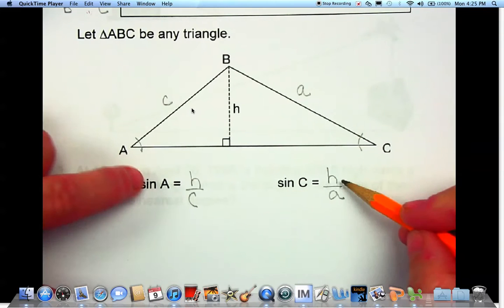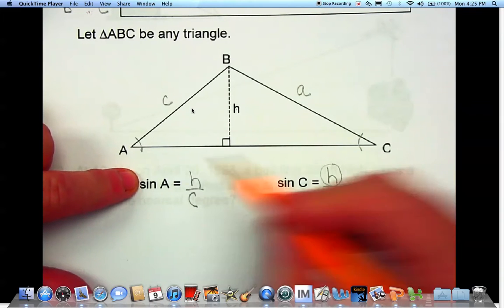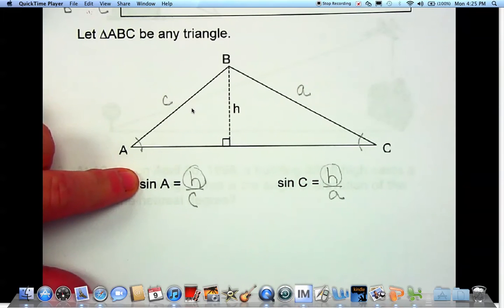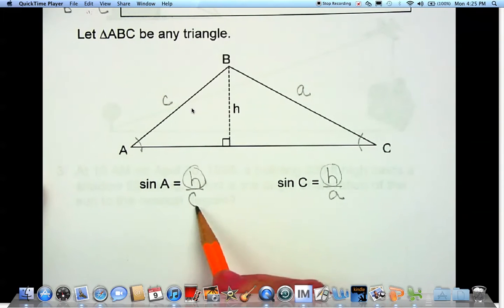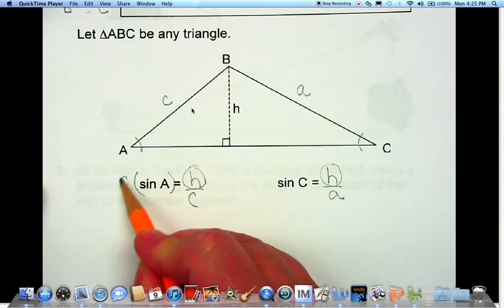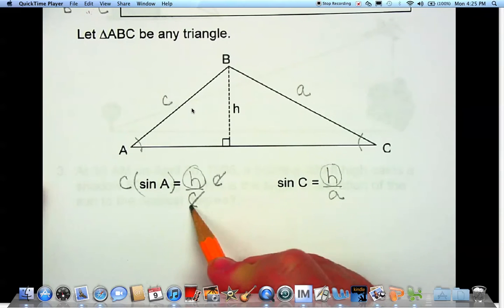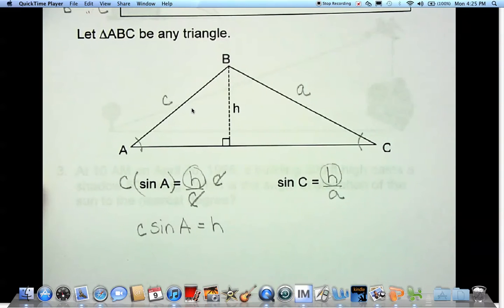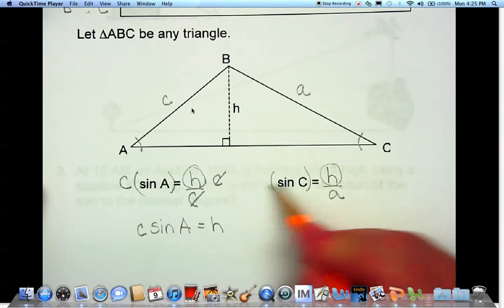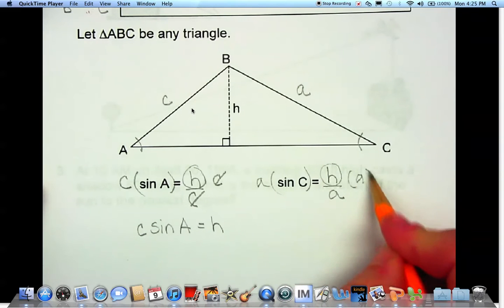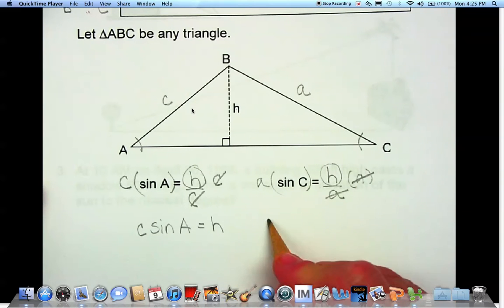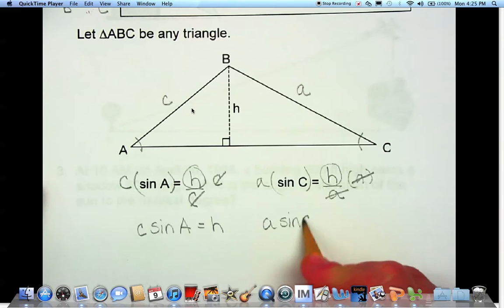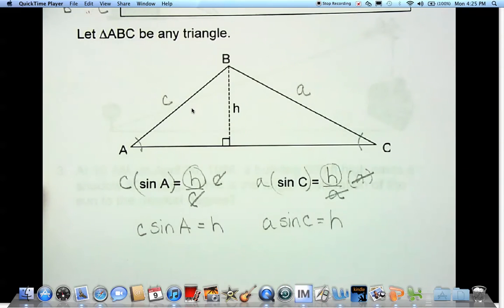Now, what do they have in common? They both have an h, so we're going to get h by itself. In order to get h by itself, we multiply both sides by c. Those c's cancel, so we have c sine of A equals h. And over here, we multiply both sides by a, so those a's cancel, and we have a sine C equals h.